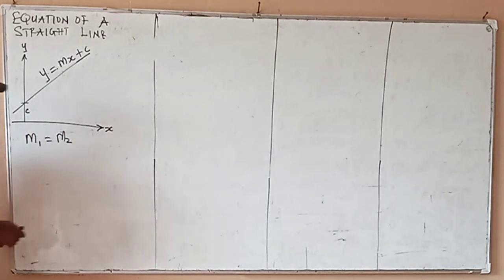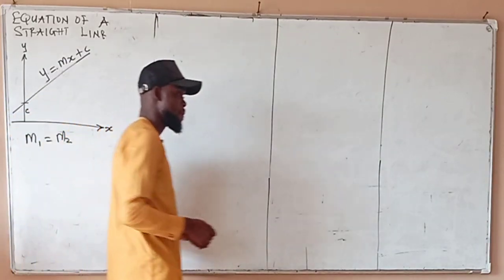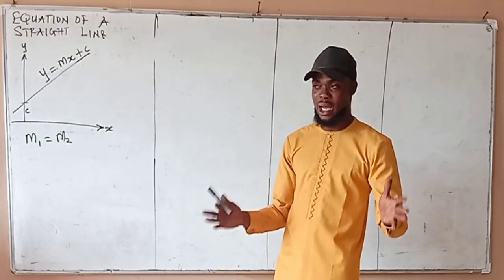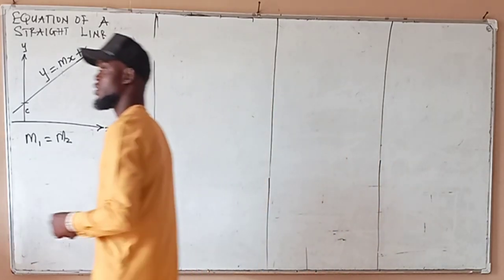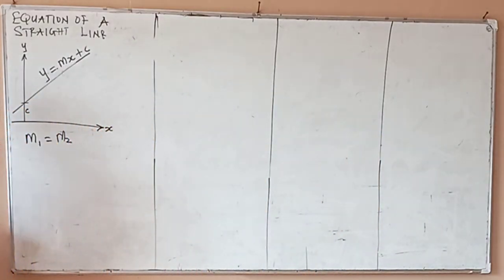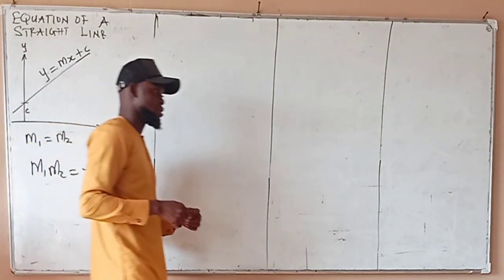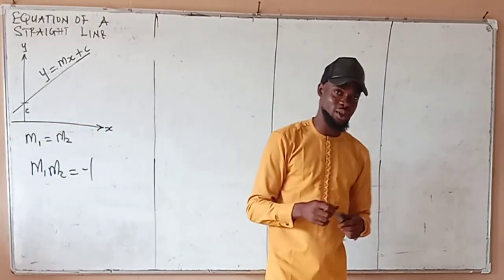While for two perpendicular lines, their gradients will be related as follows: m1 times m2 is equal to minus 1.